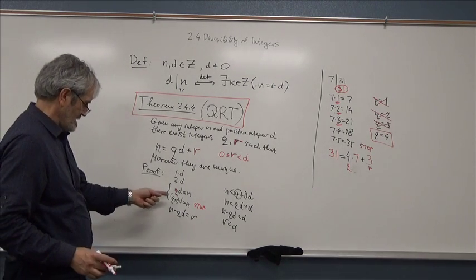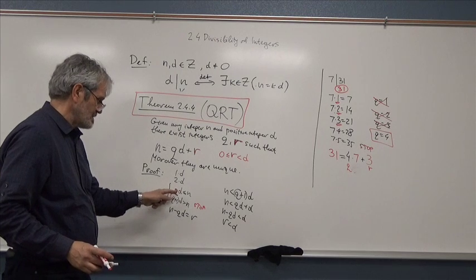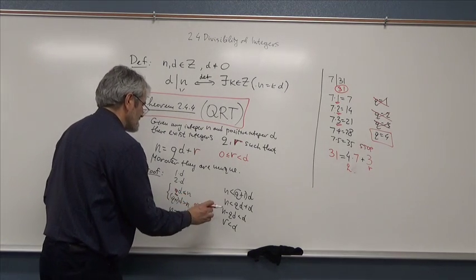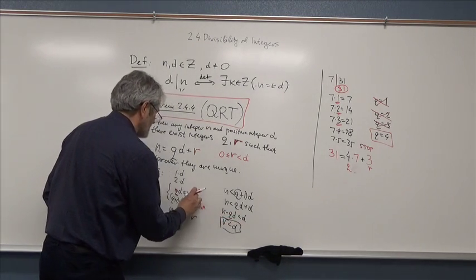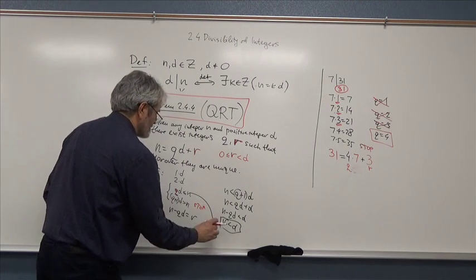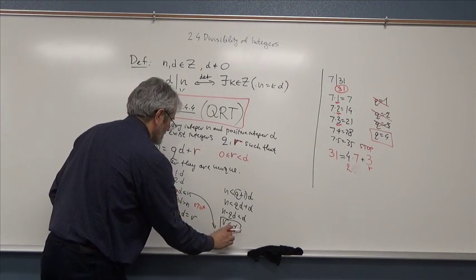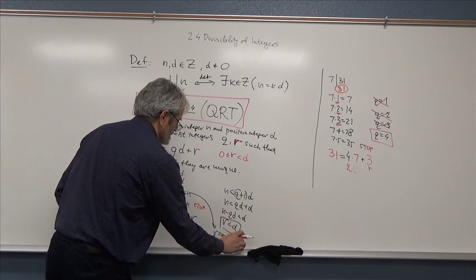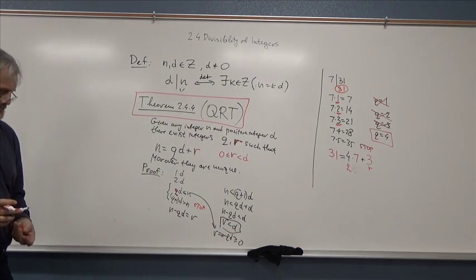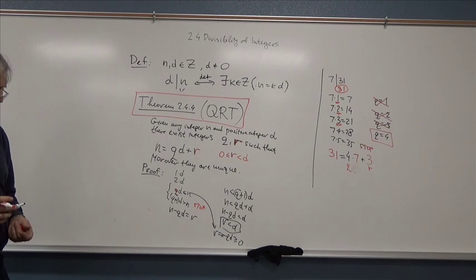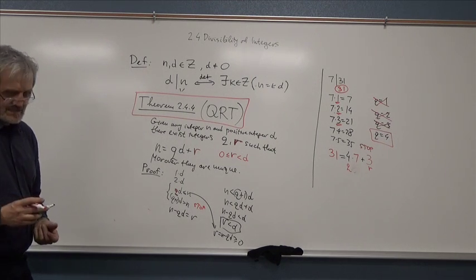On the other hand, n is greater than or equal to qd, so from here, if I subtract, I get r equals n minus qd is greater than or equal to 0. And that's exactly what we want, that these two exist.